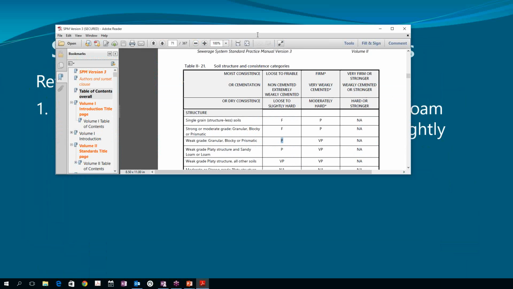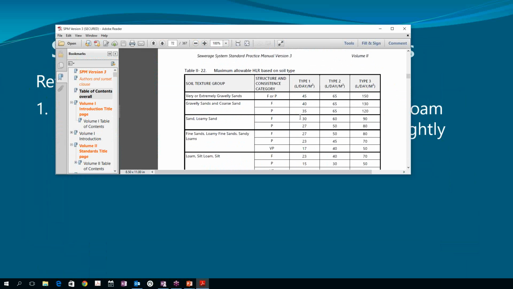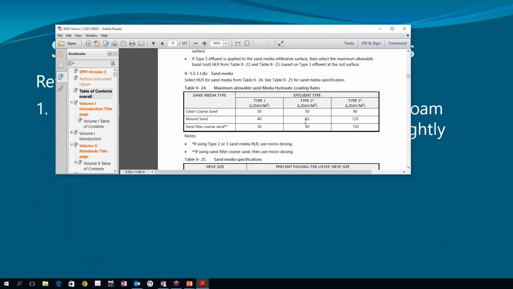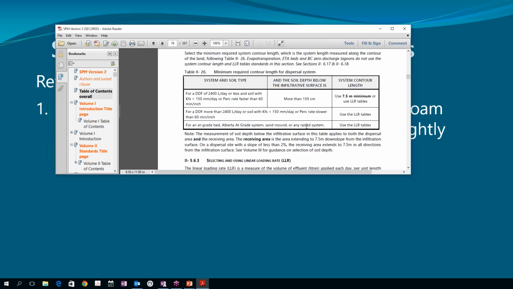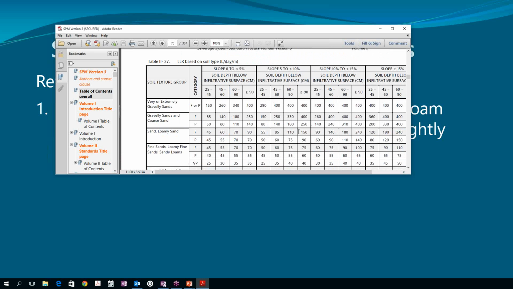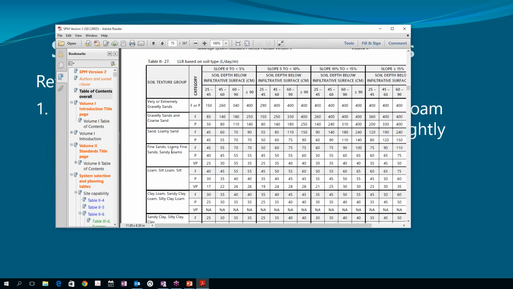So now we can go to table 227 and 228. Table 227. And we have sandy loam. We had poor, so we're in here somewhere.